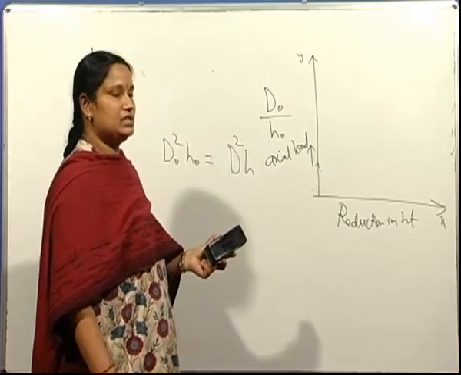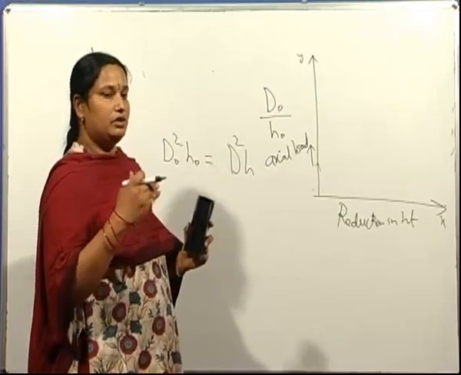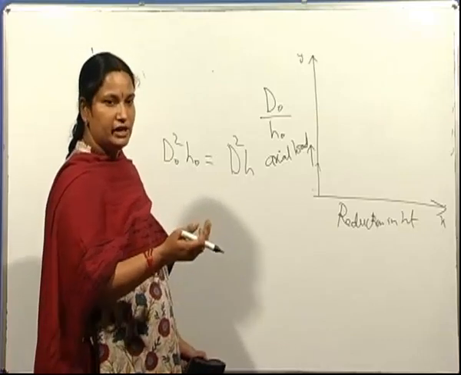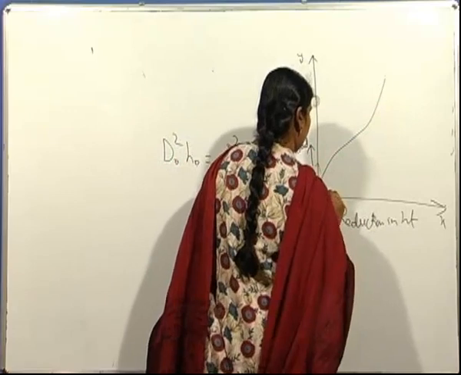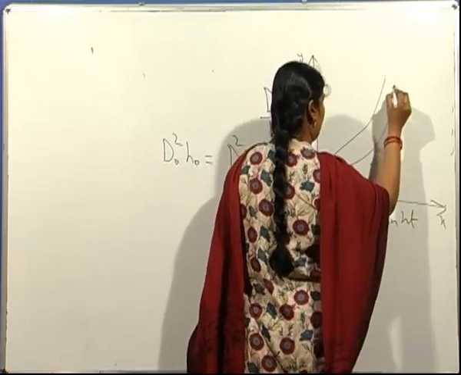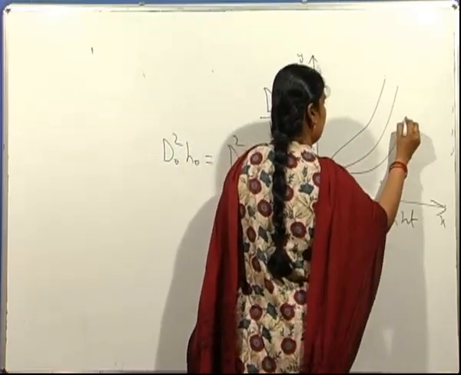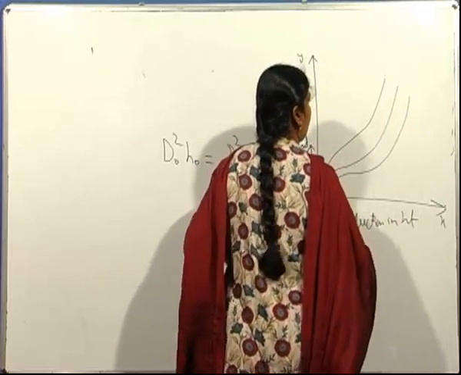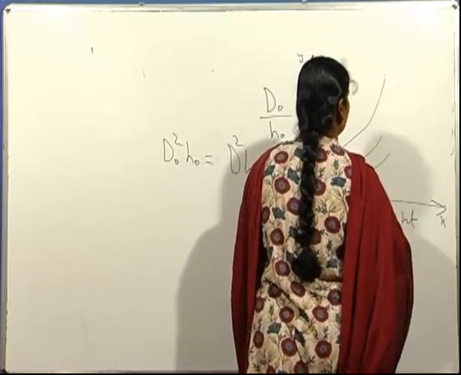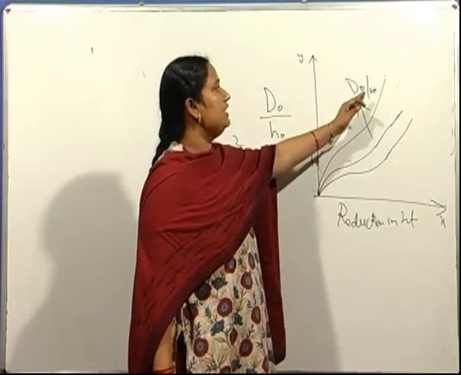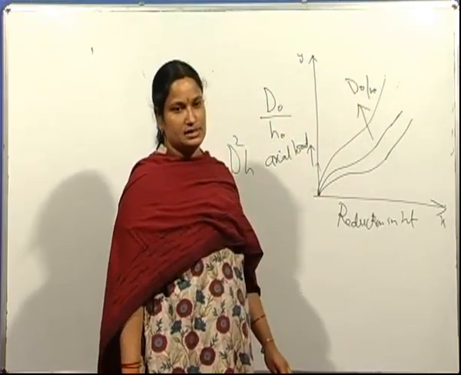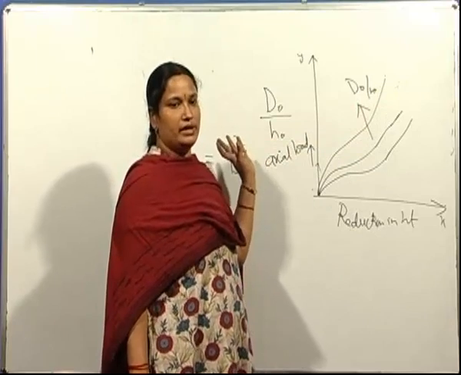If one considers the same material but different values of D0 by H0, then these are the different types of curves that are obtained for the same material for various values of D0 by H0. So the curves keep on rising as D0 by H0 increases. The reason for this is already explained.